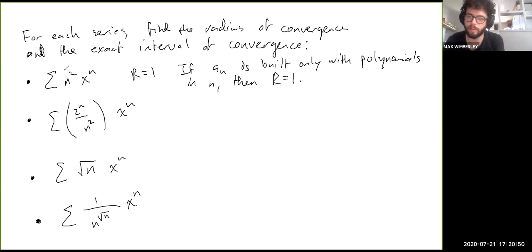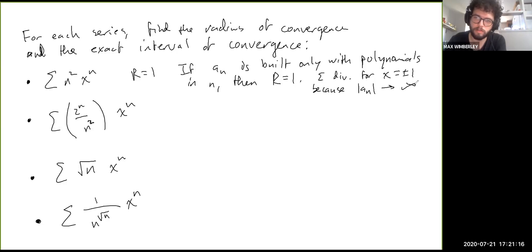That's because polynomials just don't change fast enough relative to exponential functions. So you can instantly tell it's going to have radius 1. And then of course the sum diverges for x equals plus or minus 1, because the absolute value of a_n approaches infinity, so there's no way the sums could converge when x is plus or minus 1. So that's the first one.